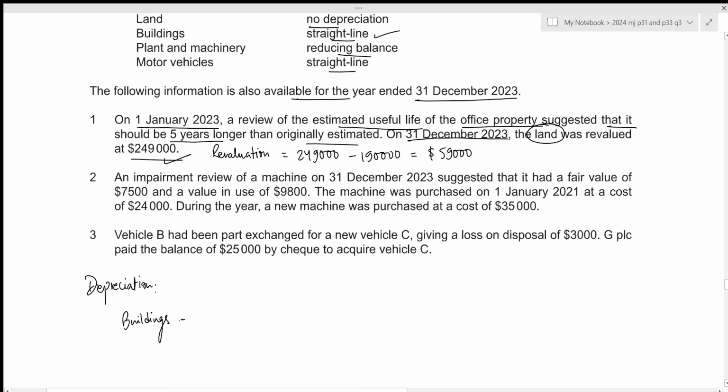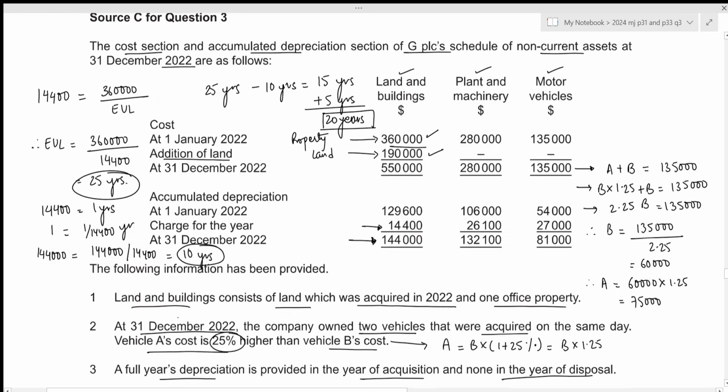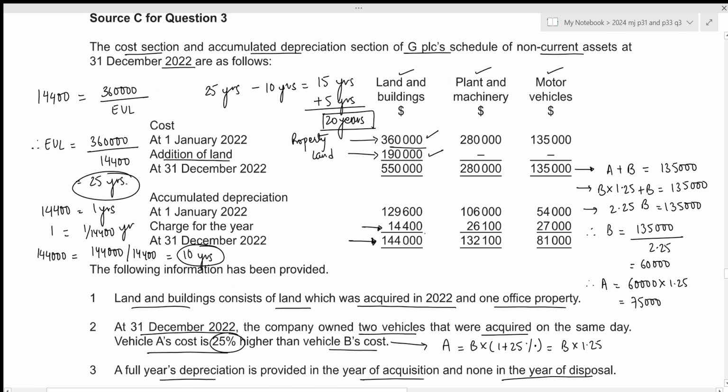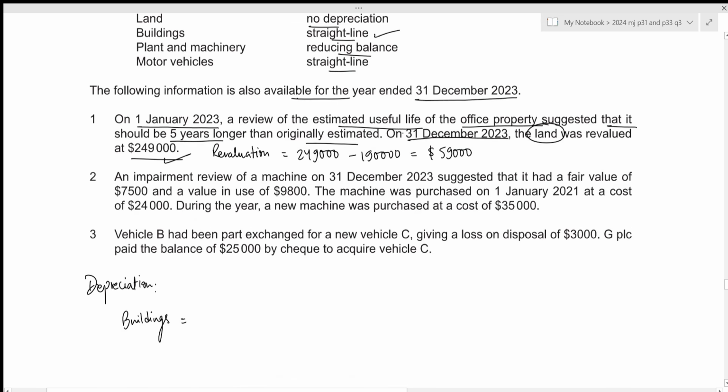Like I previously said, we need to remove the accumulated depreciation part from the cost, because this value worth of the property has already been used and we cannot charge any more depreciation on this part because this is already depreciated. We can only charge the depreciation on the remaining value. So the first step is to calculate the remaining value, which is 360,000 minus 144,000.